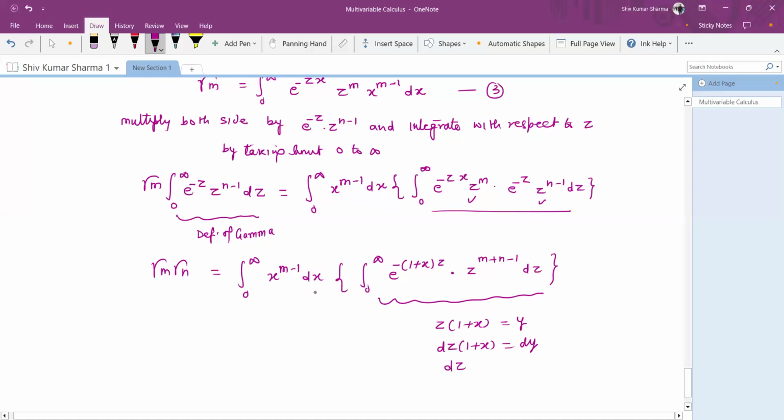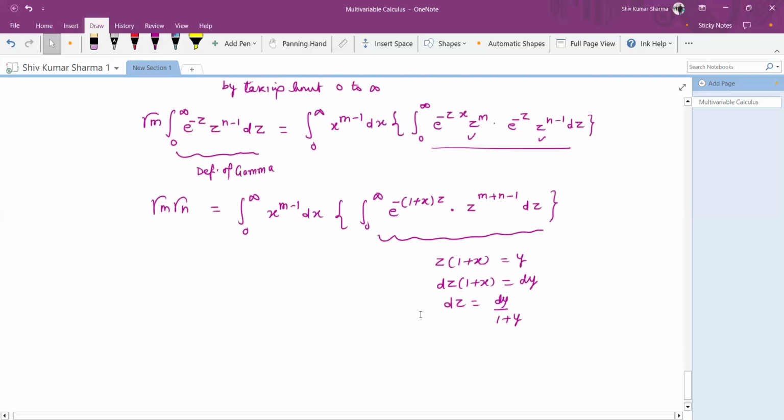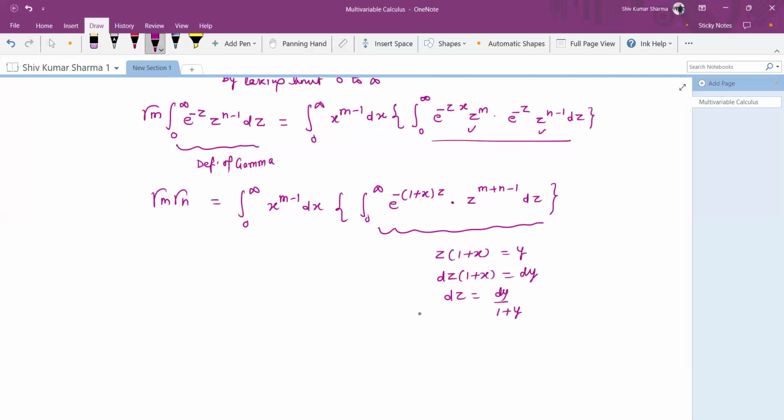So the value of dz you can write as dy upon 1 plus x. Talking about the limits, when z equals 0, y equals 0, and when z equals infinity, y equals infinity. The limits remain unchanged.